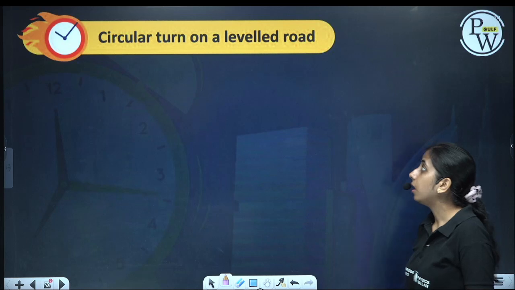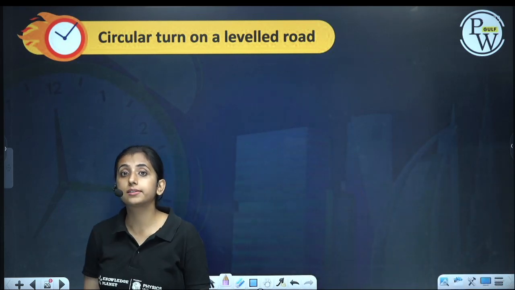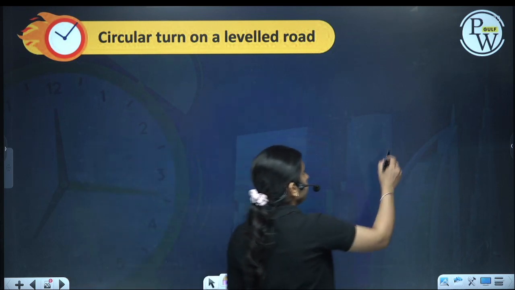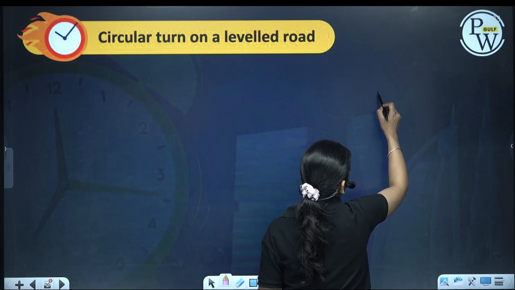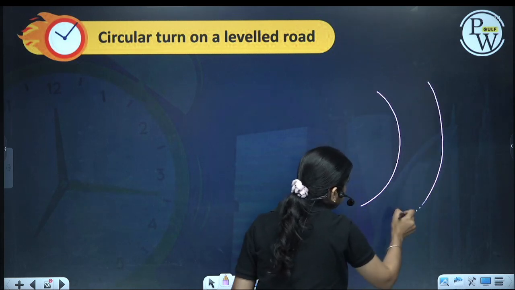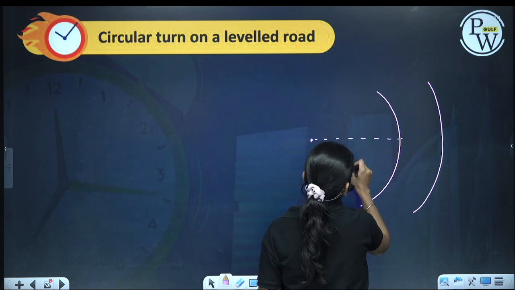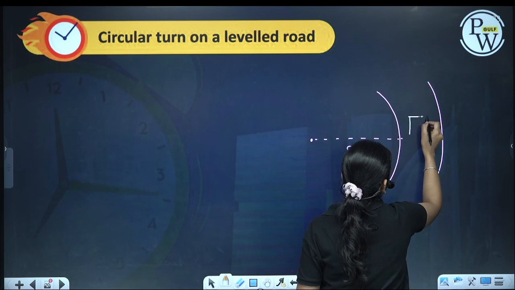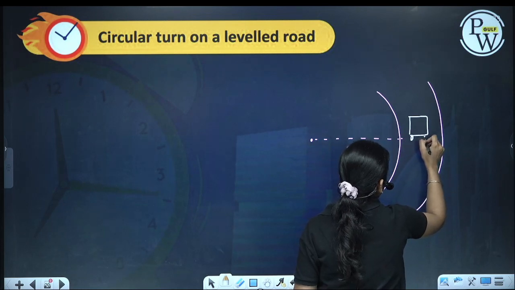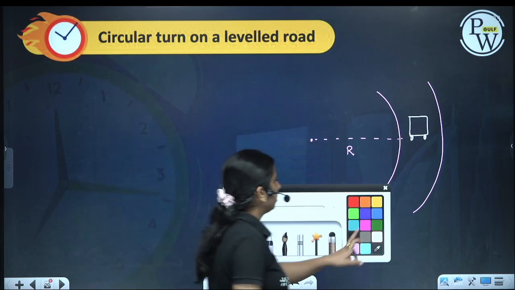Now let us see circular turn on a leveled road. A body is trying to take a circular turn on a leveled road. If the radius of the turn is r, see, there is a car which is taking this leveled turn.